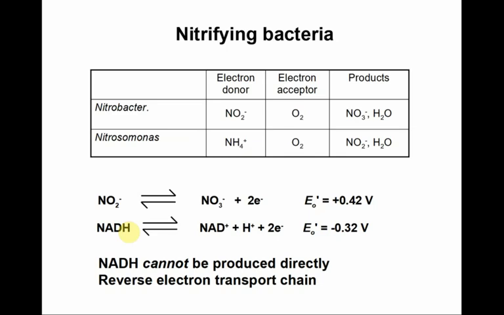And if you've got a poor electron donor like nitrite, then you can't do it the other way around. But you can push the reduction of NAD plus to NADH to go in the wrong direction if you use energy from a good proton gradient. Why? Well, this is probably taking a bit too long, to be honest.